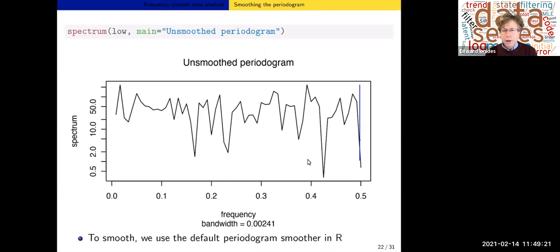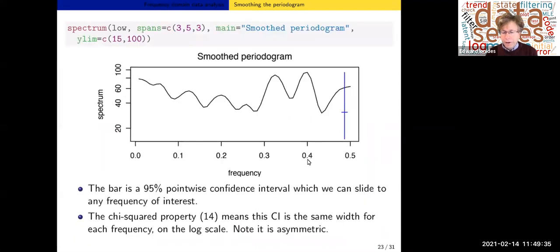So, yes, let's move on to smoothing the periodogram. We're going to use the default periodogram smoother in R, and let's see how that goes.